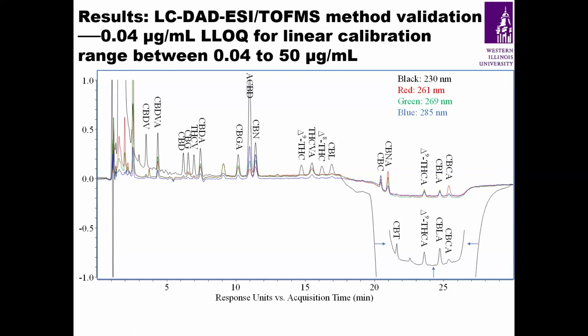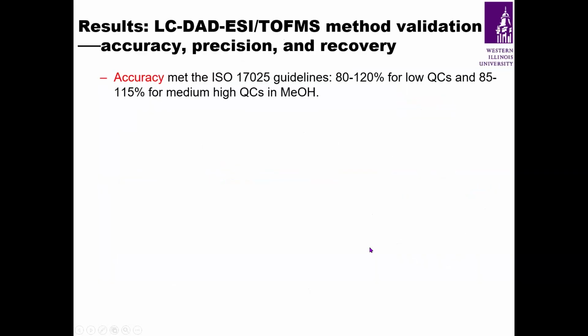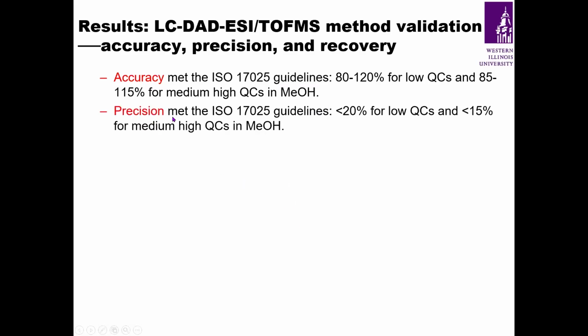Then the quantification can only be done with cannabinoids that can be detected at longer wavelengths other than 230 nanometer. Accuracy met the ISO 17025 guidelines. Precision also met the same guideline.